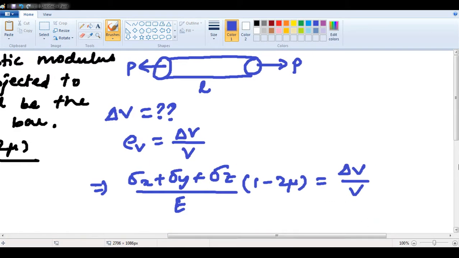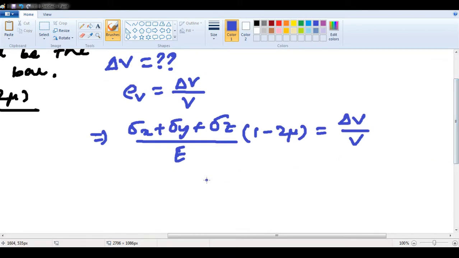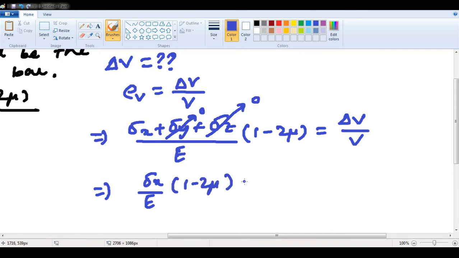Now from here, assuming sigma y and sigma z are 0, because there is no discussion of 3-dimensional stress, we can assume this as 0. So this will be sigma x by E times (1 minus 2 mu) is equal to delta V by V. So from here, sigma x I can write as P by A, that is load by area.